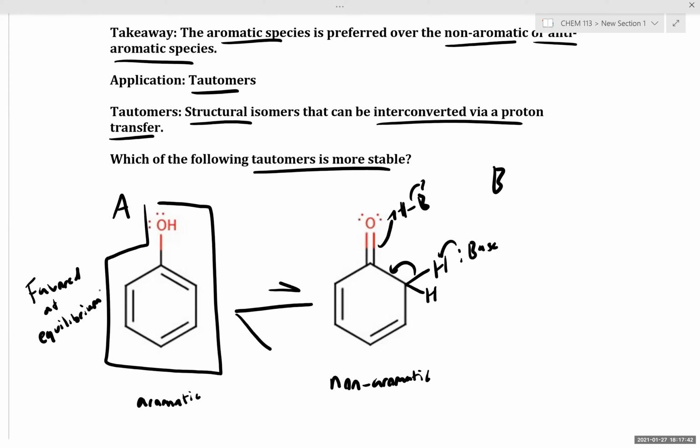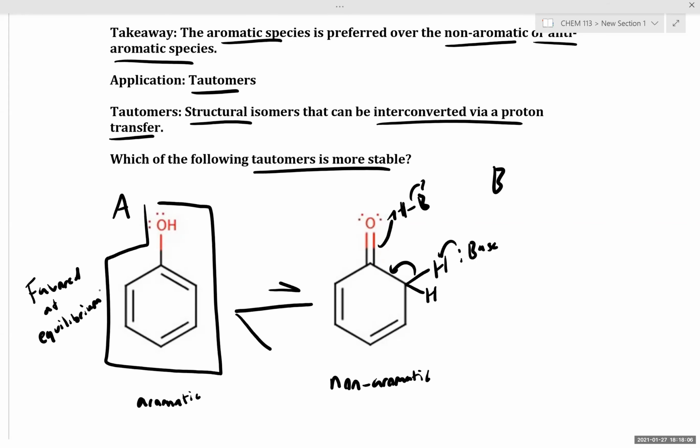Does that example make sense to everyone? Any questions on this example? Professor, I have one quick question. Yes, please go ahead. By favoring, isn't that the same as Le Chatelier? Does it have a relation?